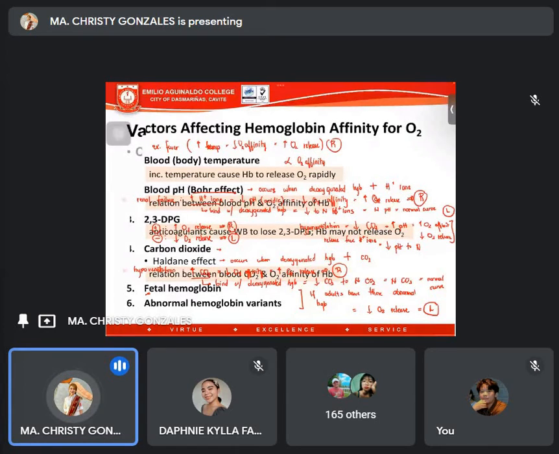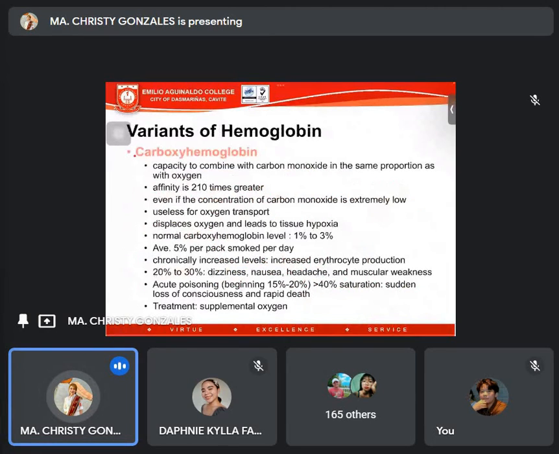Okay. Tapos guys, ito yung variants ng hemoglobin which I've already discussed, no? Tandaan lang, marami pang variants ng hemoglobin. Okay? Marami pang variants ng hemoglobin. So we're going to talk about that in the midterm. But for now, pag-usapan muna natin yung tatlo. We have carboxy, we have sulf, and then we have met.